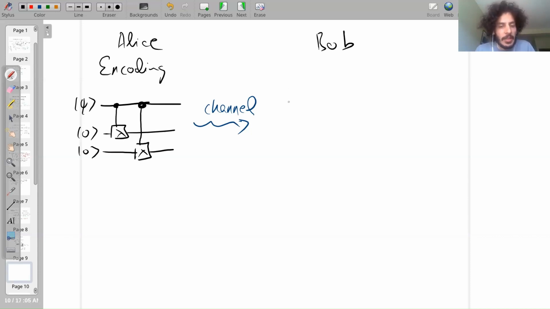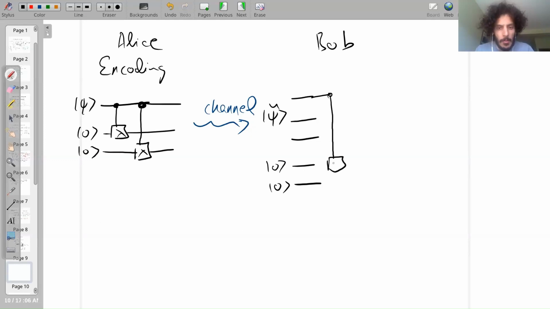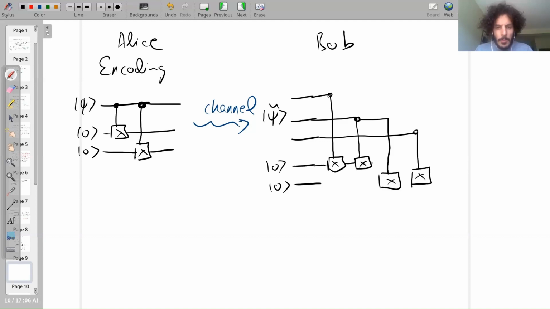Bob, what he does is that he takes 2 additional qubits. So what he receives is psi tilde. He adds 0, 0 to it. He does x, right?